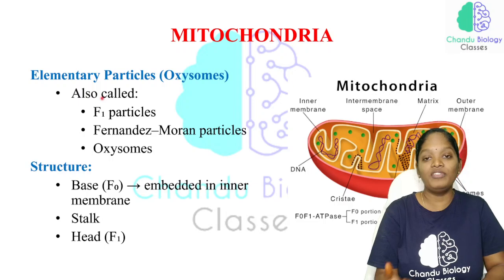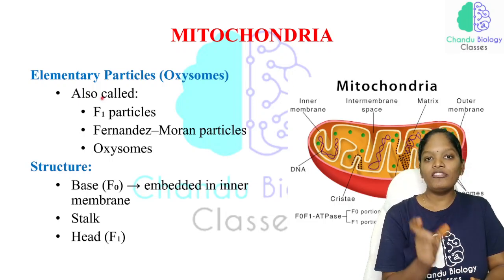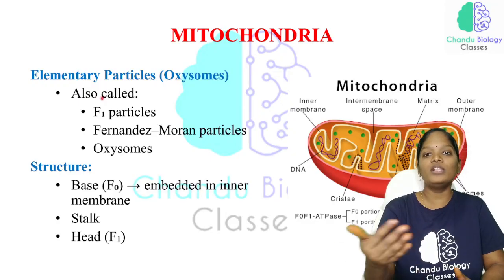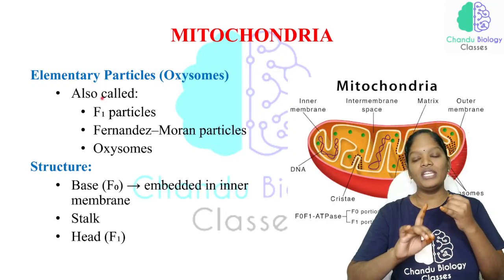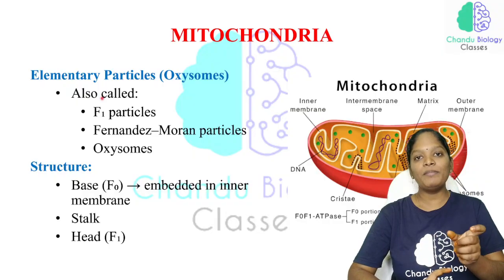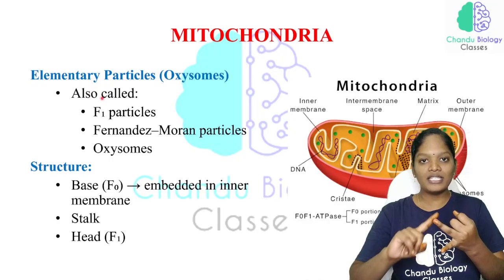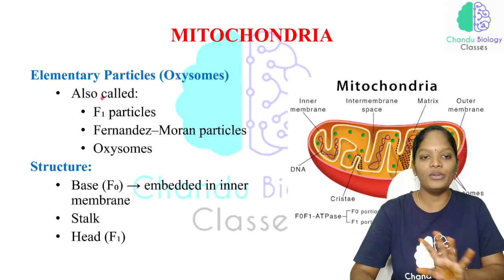We have studied the F0-F1 complex, which is also called ATP synthase. So it is also called an oxysome. Don't confuse it. What have we studied? The mitochondria is also called the bioplast. Now, this F0-F1 complex is called the ATP synthase complex, and it is also called an oxysome. Don't confuse it.